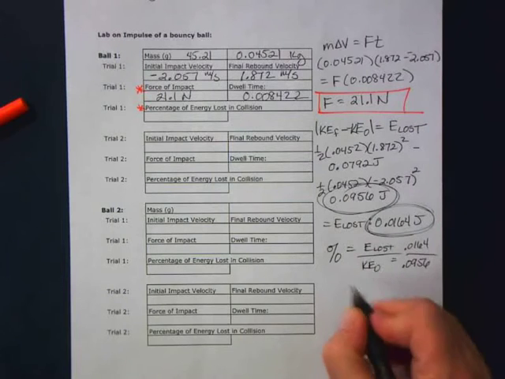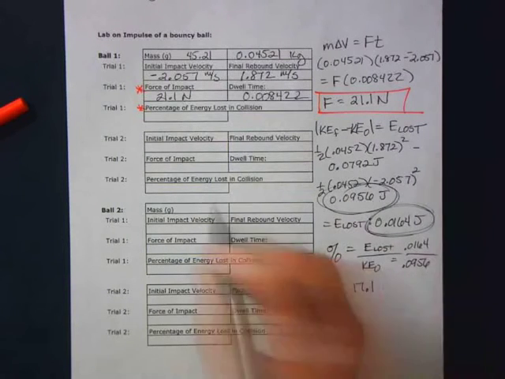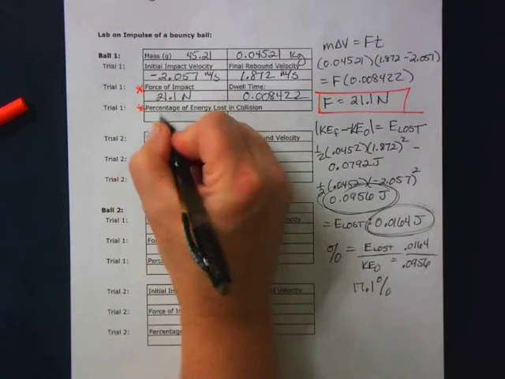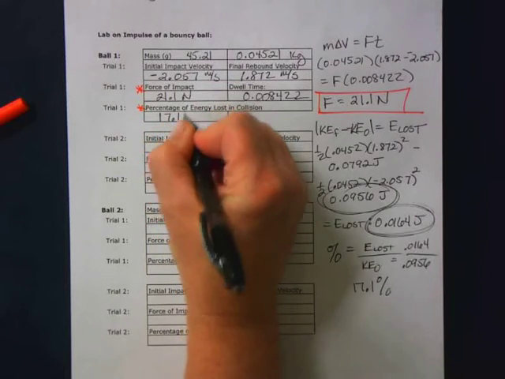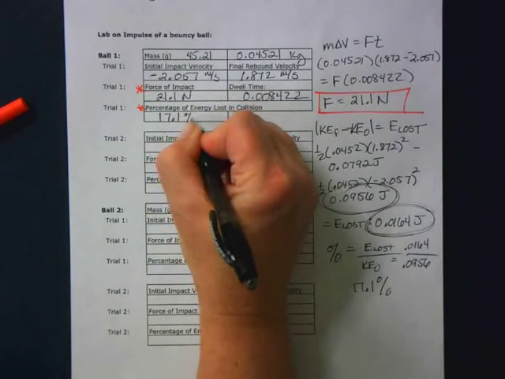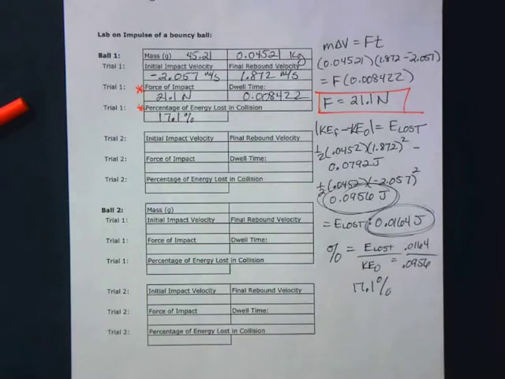And I get about 17%. 3 sig figs for all of your final answers because of the calipers.